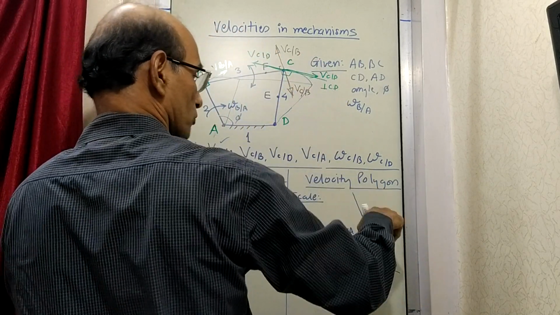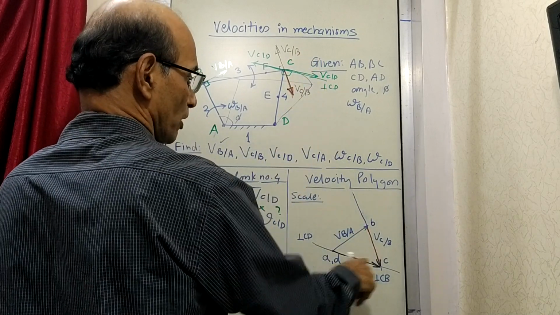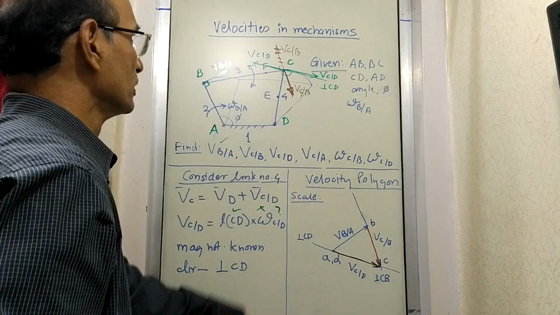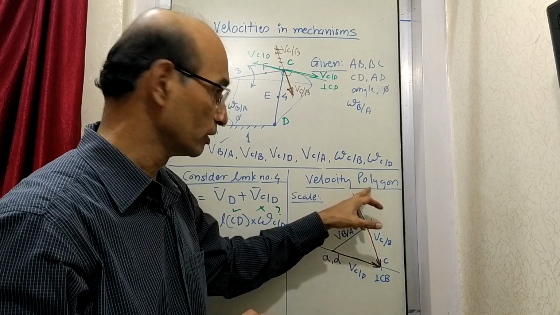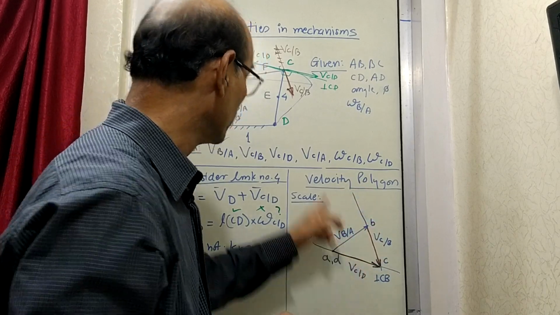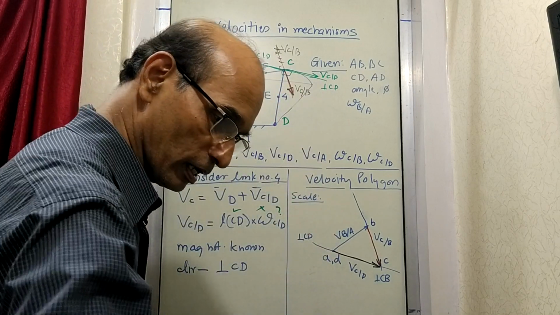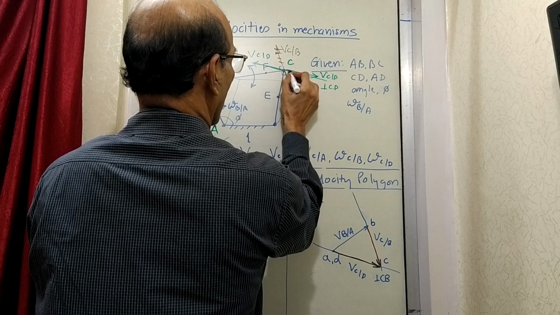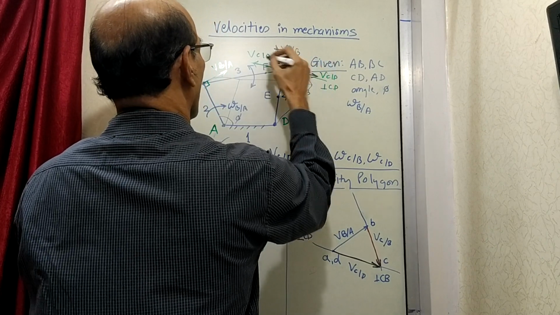And this vector, now since the direction is final, you can now show it here. This is velocity of C with respect to B, and this is not there. Out of the two, this is the final answer, which we came to know after drawing the polygon. Similarly, out of these two, this is final, so that we will show here. And this is not there.